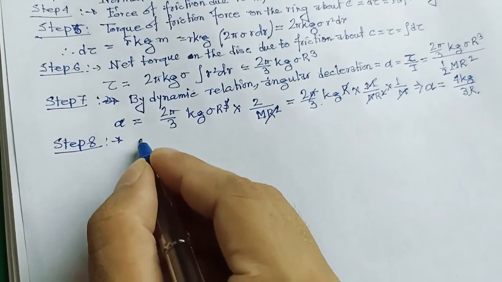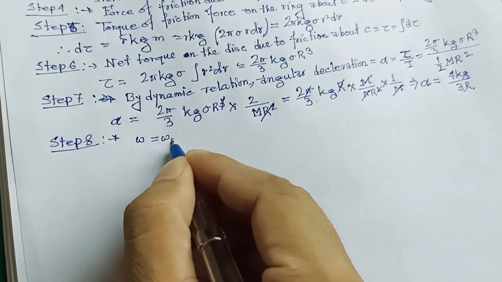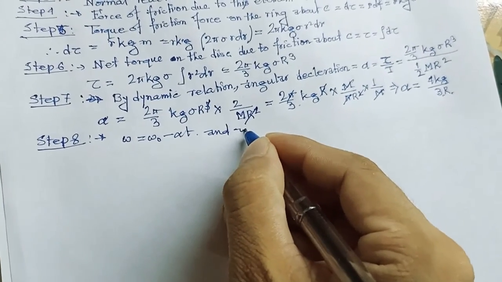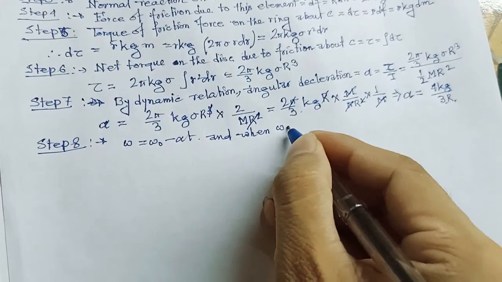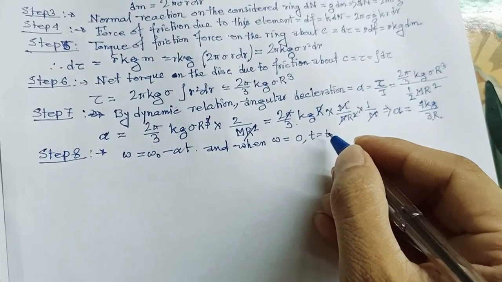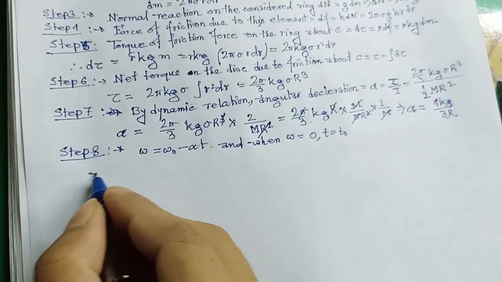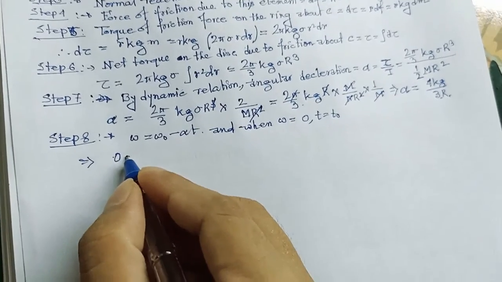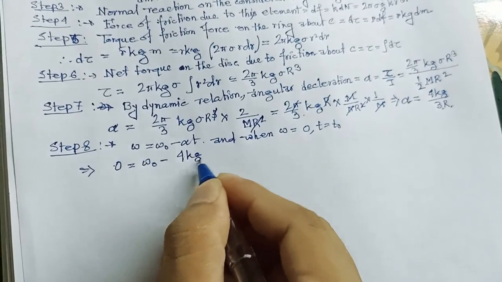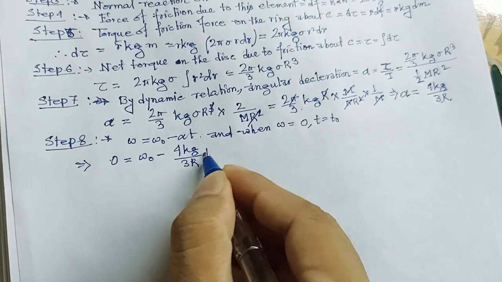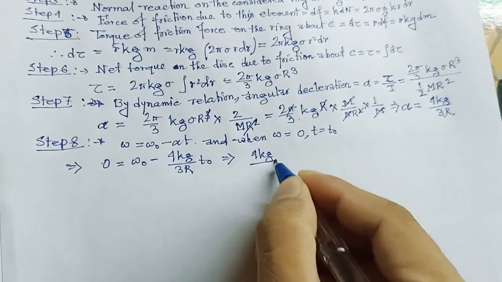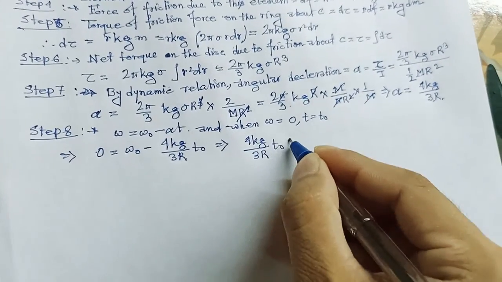From the dynamic relationship we know omega equal to omega naught minus alpha t, and when omega equal to 0, t equal to t naught. So we can write 0 equal to omega naught minus alpha t naught, where alpha is 4 k g divided by 3 r. So 4 k g divided by 3 r into t naught is equal to omega naught.